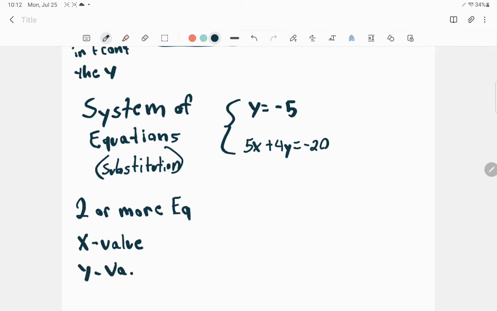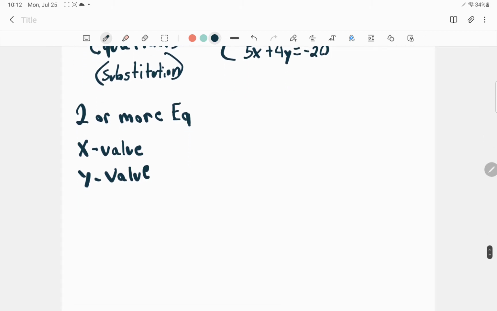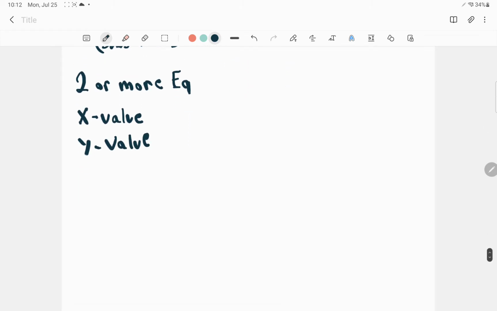Okay, and you're going to have to figure those 2 out. Okay? If you're graphing multiple equations, system of equations solution. Okay, so, and it has to be true for both of them.